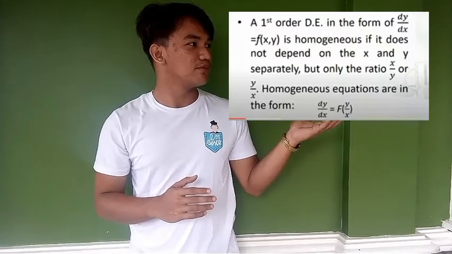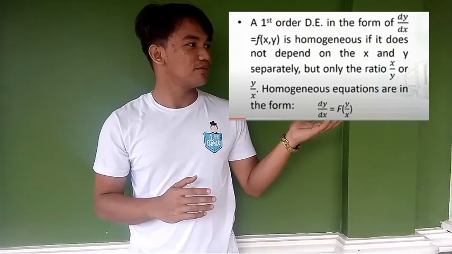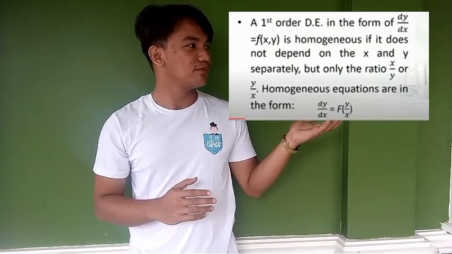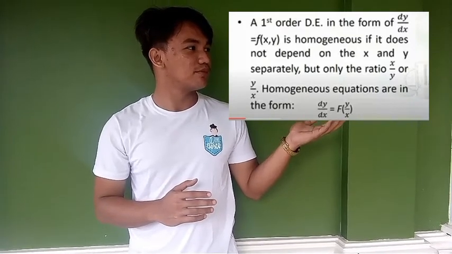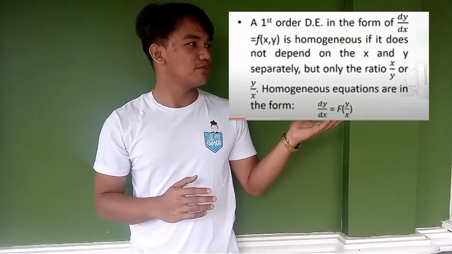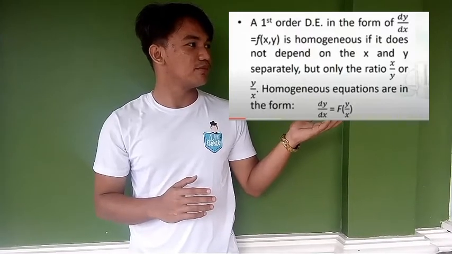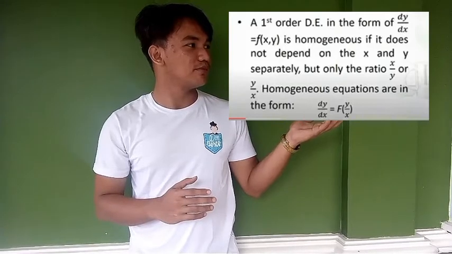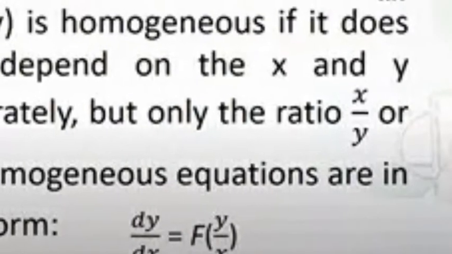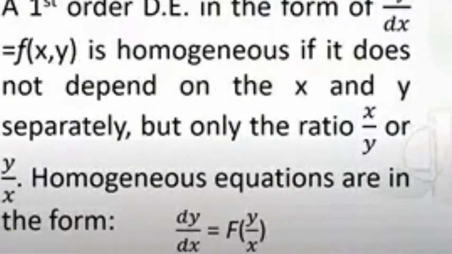A homogeneous equation is a first-order differential equation in the form dy over dx equals f(x,y) that is homogeneous if it does not depend on x and y separately, but only on the ratio of x over y or y over x. Homogeneous equations are in the form dy over dx equals f(y over x).